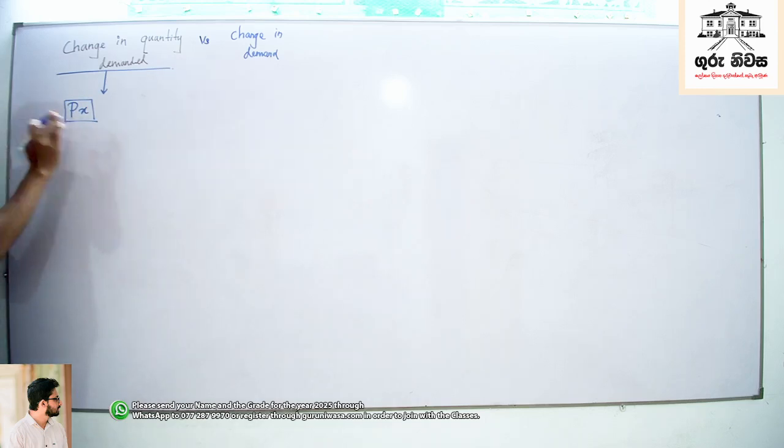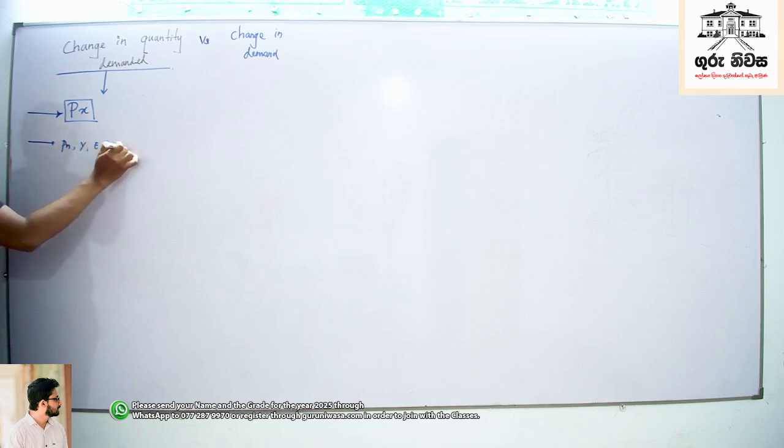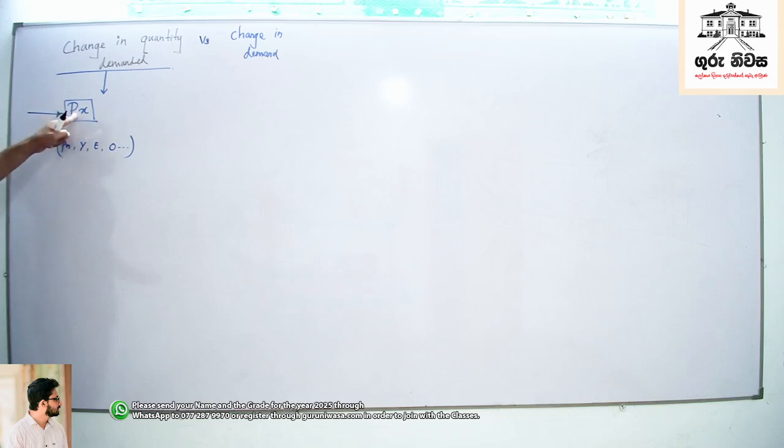Here, all other factors affecting demand remain constant. What are the other factors? Py or Pn, Y, E, other factors, everything. All other factors affecting demand remain constant. Only the price of the concerned good changes. This is called change in quantity demanded.